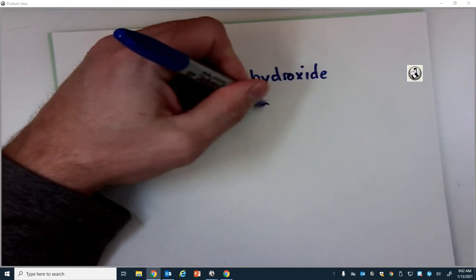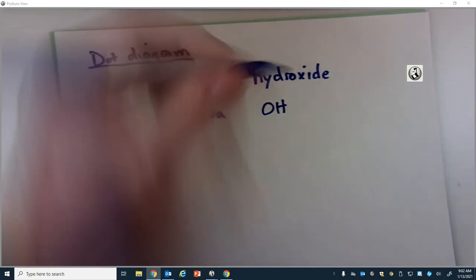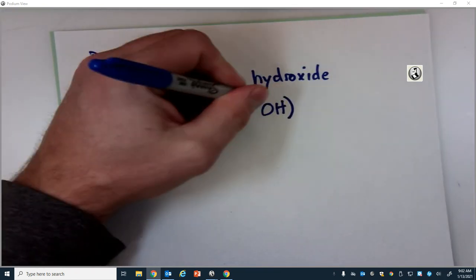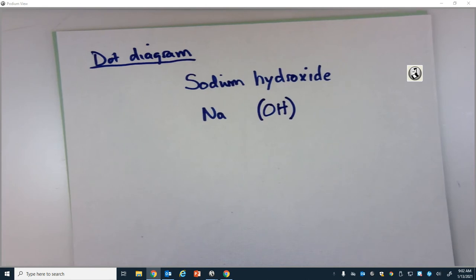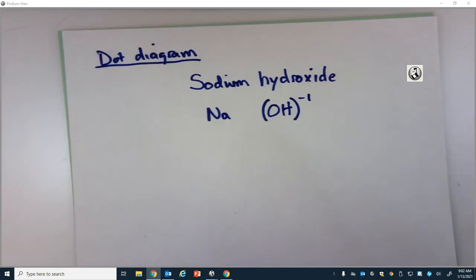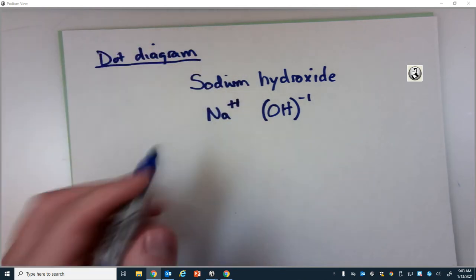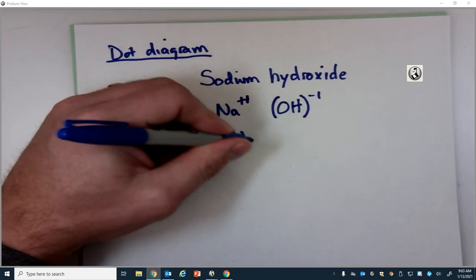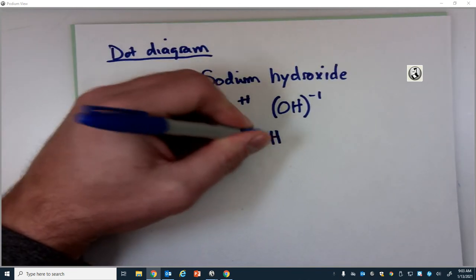Since we have to figure out the formula, we need the charge, so I put anything off table E in parentheses, with a -1 there. Sodium off your periodic table is +1. Now we crisscross, and we get the formula of the compound as NaOH.